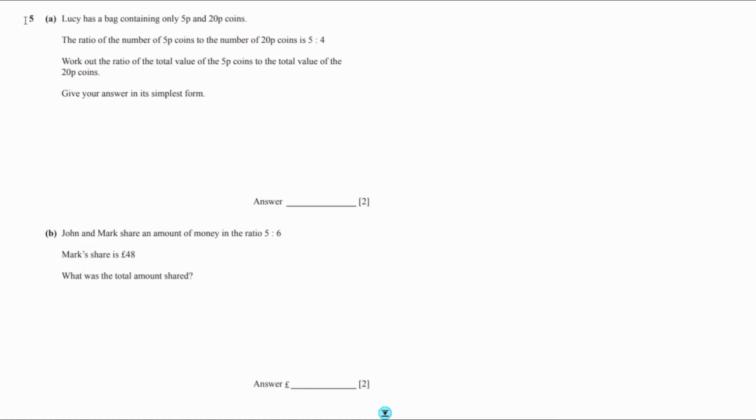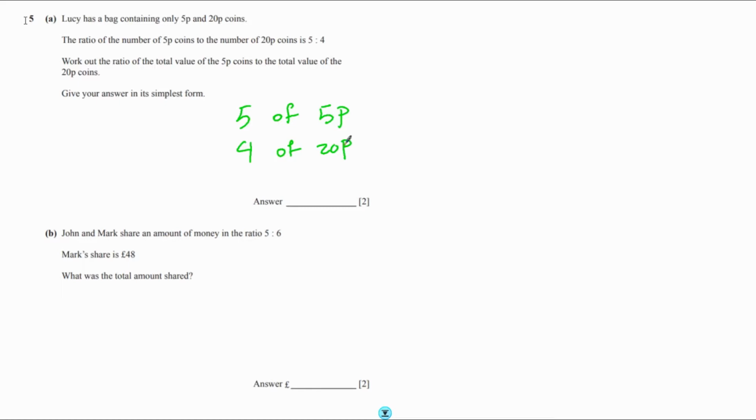The simplest way to consider this question is that when we say the ratio of 5p coins to 20p coins is 5/4, we could consider that we have 5 of 5p coins and we have 4 of 20p coins, because the ratio of the numbers of the coins is 5/4.